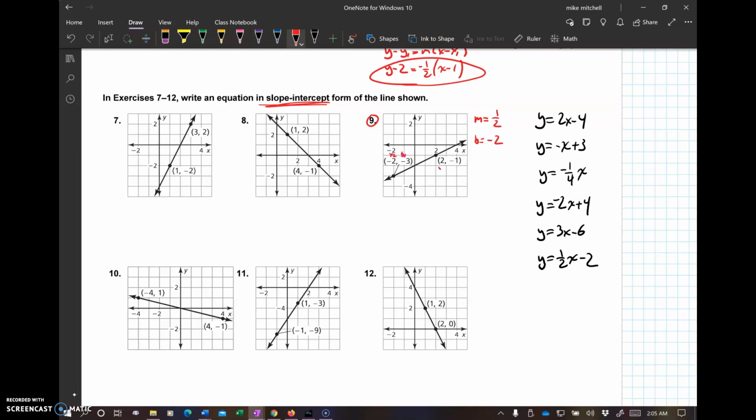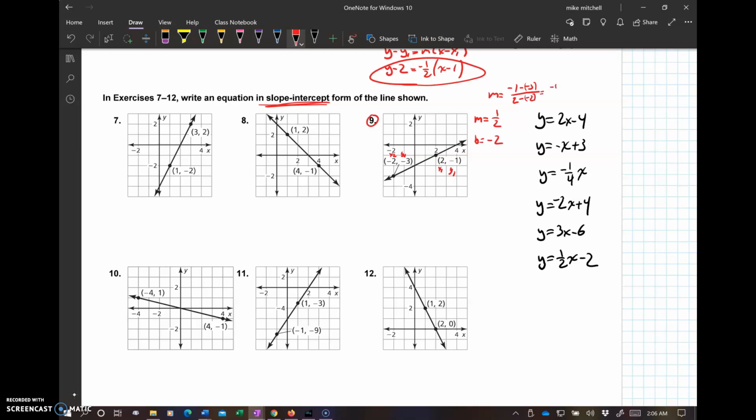x2, y2, x1, y1. My slope equals negative 1 minus negative 3, all over 2 minus negative 2.